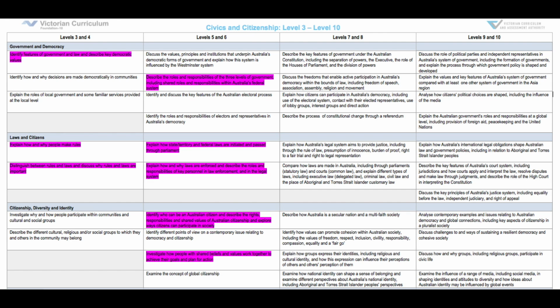This is extremely important when exploring the idea of slavery, as students can learn about how the Australian government were the initial cause of Indigenous slavery, and furthermore, the laws that were implemented to stop these horrible events from occurring after almost a century. In Levels 5 and 6, students extend on these ideas by learning about the roles and responsibilities of key personnel in law enforcement and investigate how people with shared beliefs and values work together to achieve their goals and plans for action.